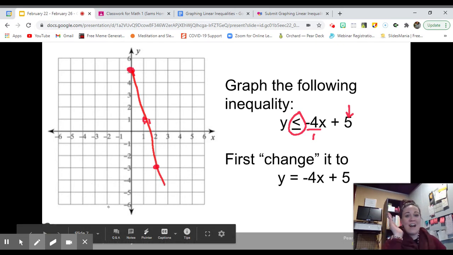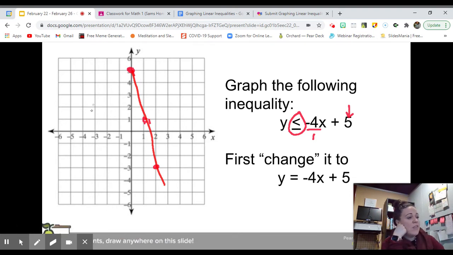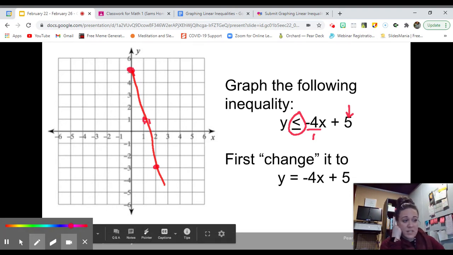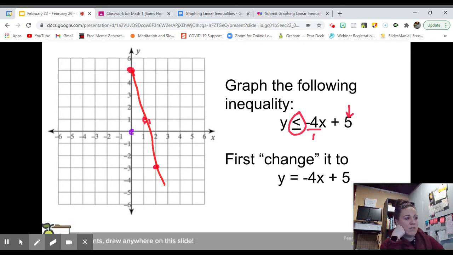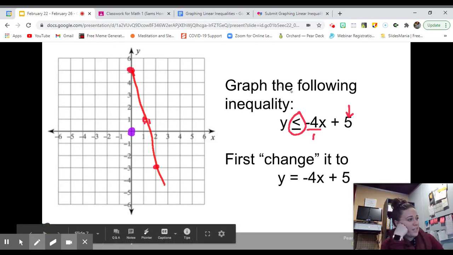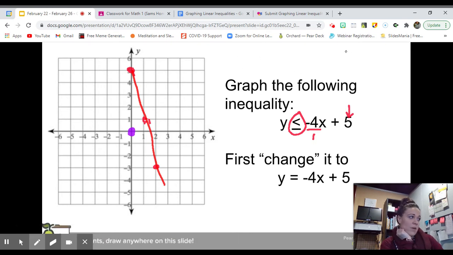Okay, so now we need to figure out, am I shading below or am I shading above that line? So again, the simplest point to use, as long as it's not graphed on that line, is going to be the point 0, 0. Okay, it's not graphed on that line because here's the point 0, 0, and my line is hanging out over here. So let's try it. I'm going to use the point 0, 0, x, and then the y.